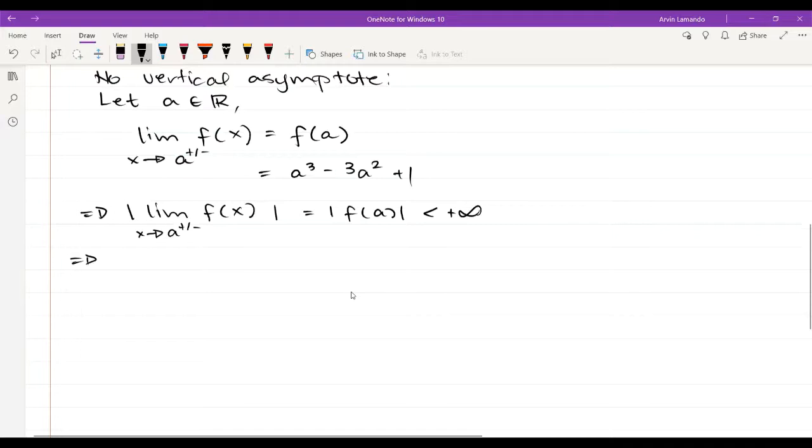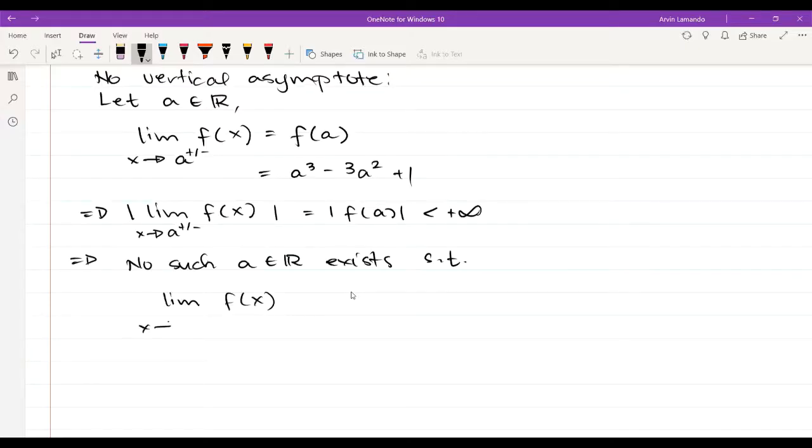Therefore, no such a in R exists such that the limit of f of x as x approaches a from the right or from the left is equal to positive or negative infinity.